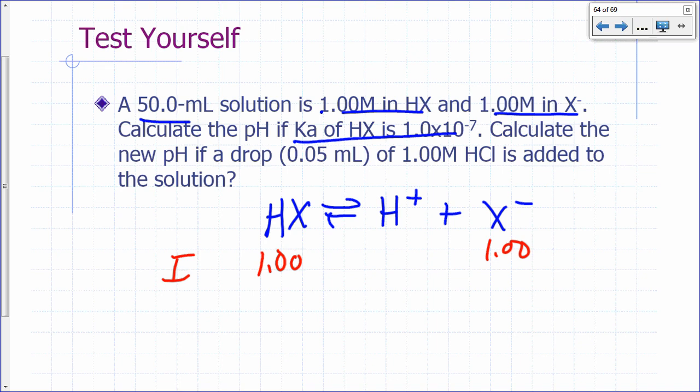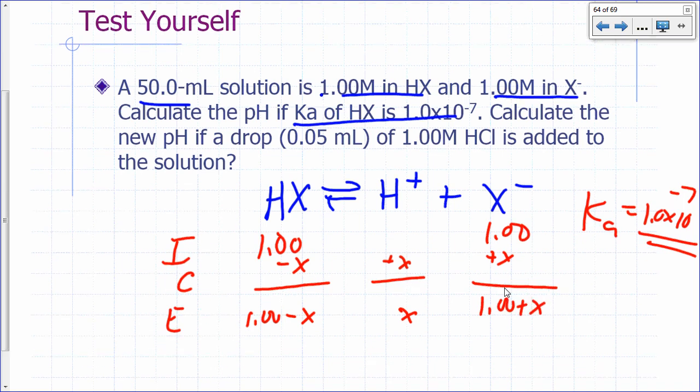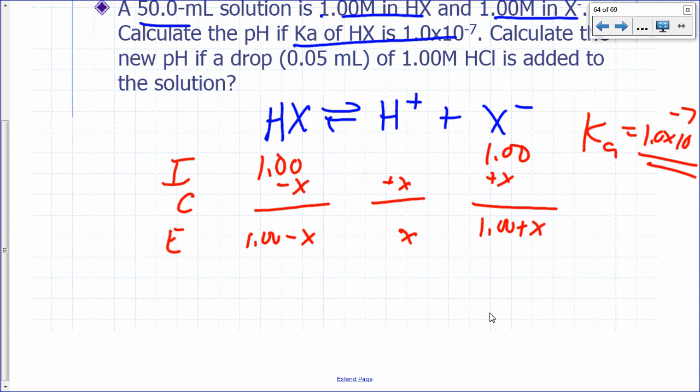So do you think this is going to go forward too much? Ka is 1 times 10 to the negative 7. Hardly, right? It's a very small Ka. So you can just say a small amount, plus X. That would be your changes. What would you have at equilibrium? 1.0 minus X over here, and this one will have 1.00 plus X. What simplifying assumptions can we make?